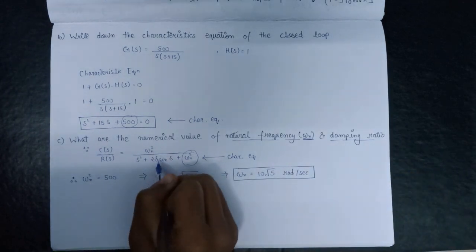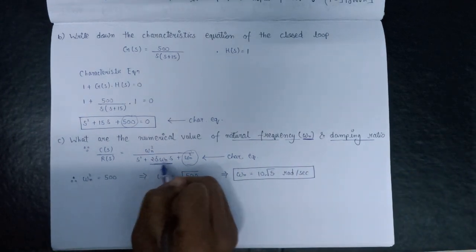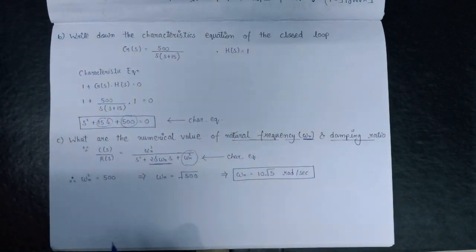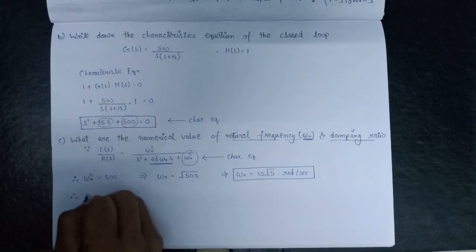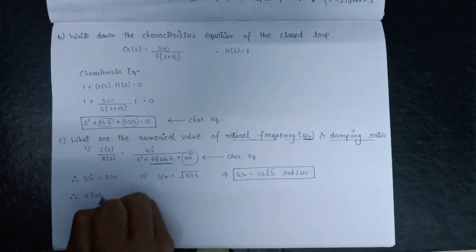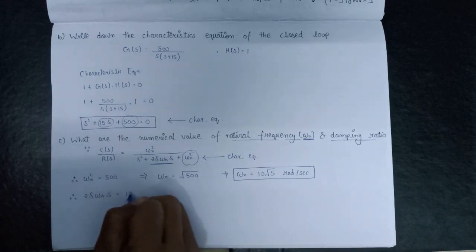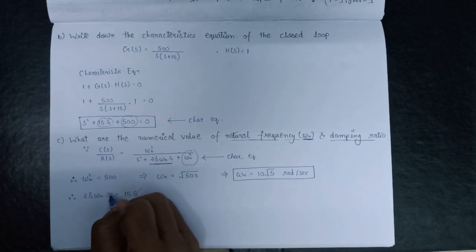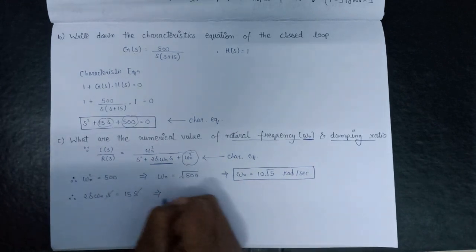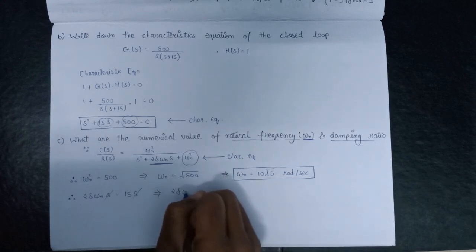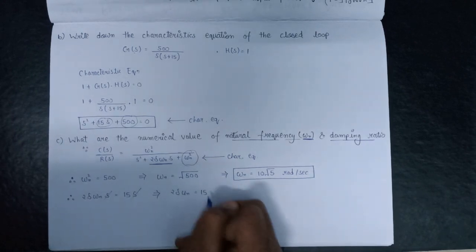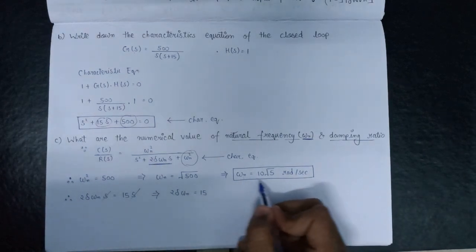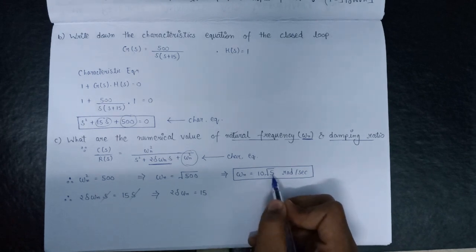So we have to compare this thing, that is, 2 delta omega n s will be equal to nothing but 15s. So we can also write 2 delta omega n s equals 15s. On cutting s with this s, we get 2 delta omega n will be equal to nothing but 15 only, and we know that the value of omega n is nothing but 10 under the root 5.